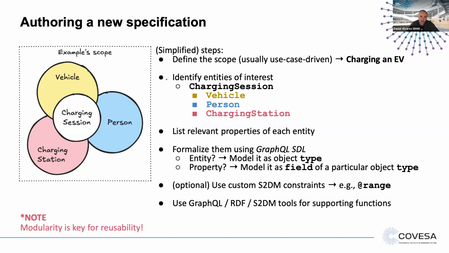Then we need to identify what other entities of interest are appearing in this subdomain. In the example, we have these three that I have mentioned. And for each of them, we need to also list all the relevant properties that we want to report, that we want to formalize. And we do that for each of the entities.